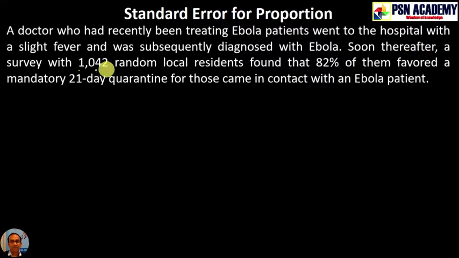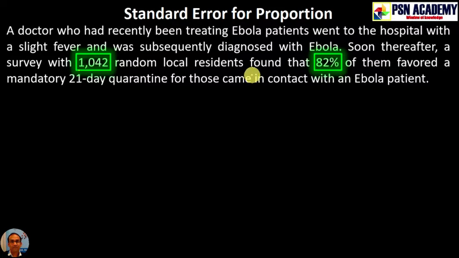Soon thereafter, a survey with 1042 random local residents found that 82% of them favored a mandatory 21-day quarantine for those who came in contact with an Ebola patient. That means there was a survey, and the survey people talked to 1042 random local residents, and 82% of them favored that those who have come in contact with an Ebola patient must be quarantined for 21 days. And 18% of them didn't favor this decision.